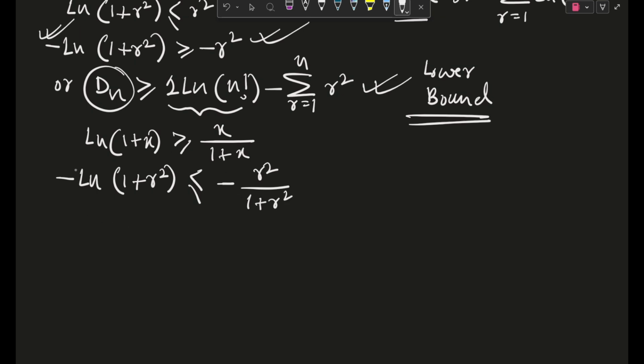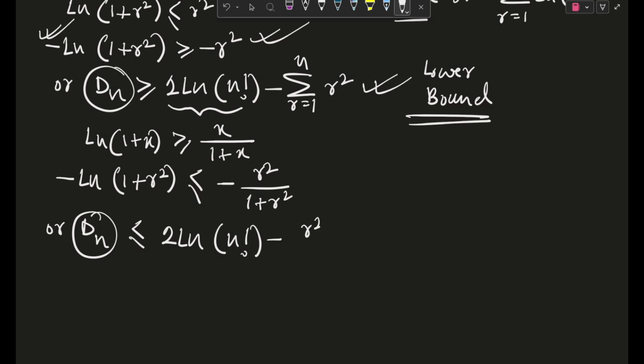So in a very similar way, if we do sigma on both sides once again and add 2 ln n factorial, then you will again get Dn is less than or equal to 2 ln n factorial minus sigma of r square by 1 plus r square. Okay, wait, I will write this clearly, just a minute. Yeah, now this is okay. So we have actually got our lower and upper bounds, right, for this particular inequality.